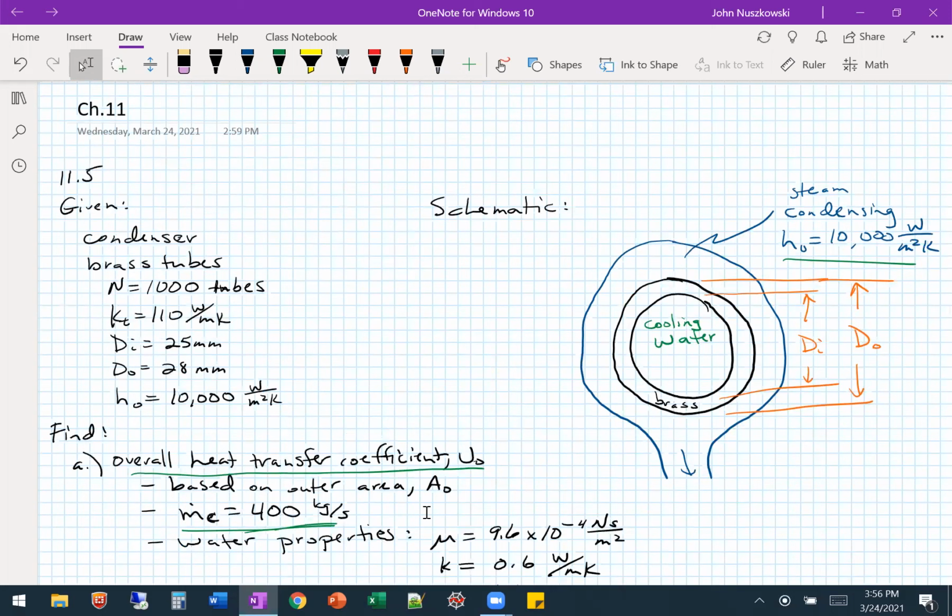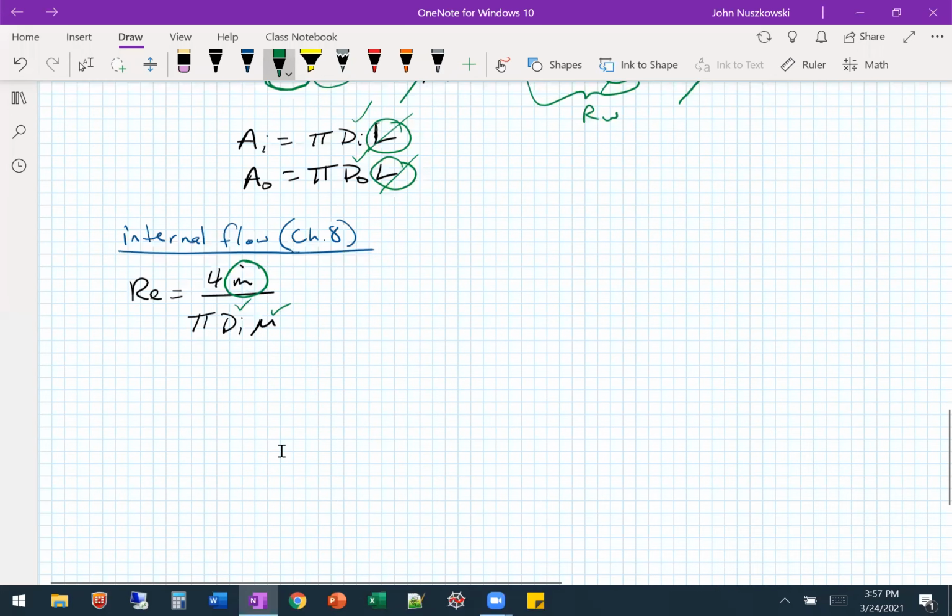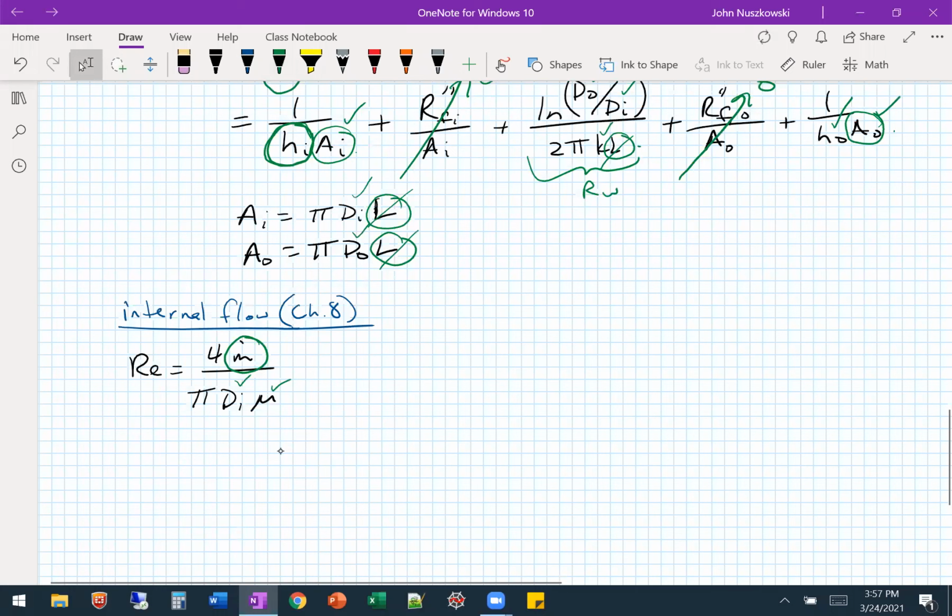Yes. Kind of, okay. So they have one thing in here that tricks it: we have 1,000 tubes, right? This equation for Reynolds number with this mass flow rate utilized the area of one single tube, because it only has diameter here, it doesn't show number of tubes.